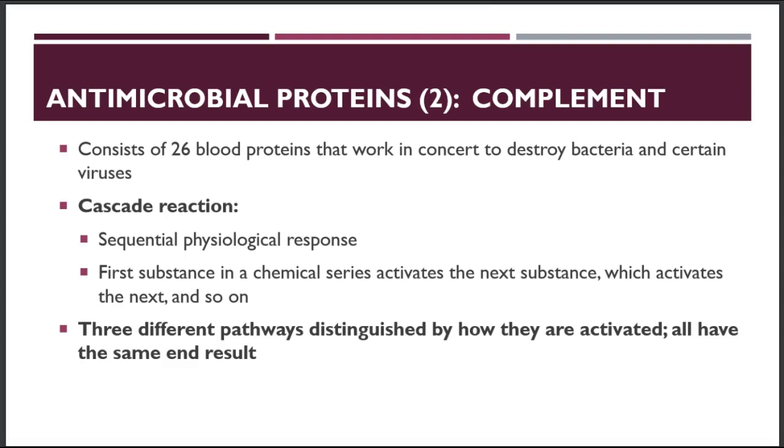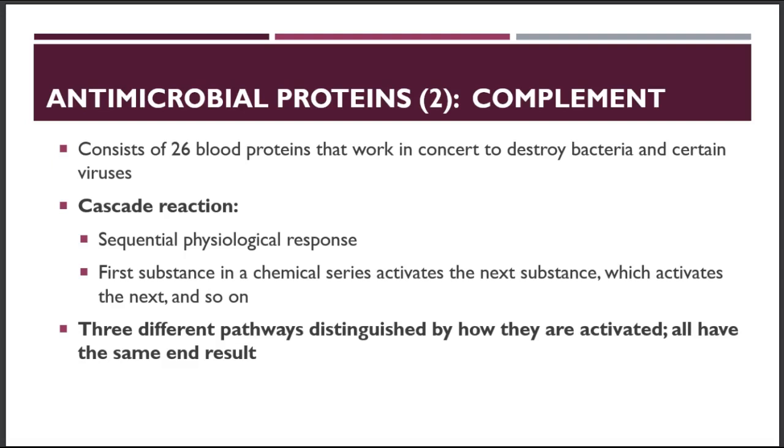So you have a sequential set of reactions that cascade, kind of like dominoes in sequence. The first substance in the series activates the next substance, which activates the next substance, and that continues until the reaction is completed.